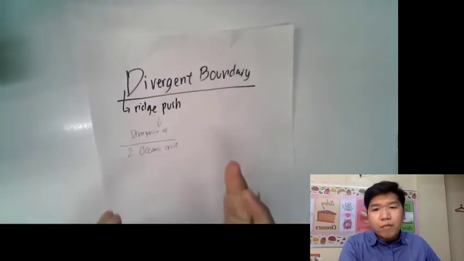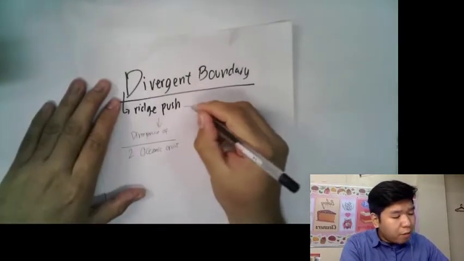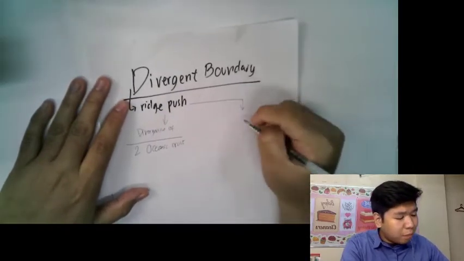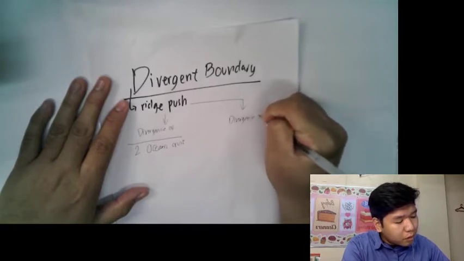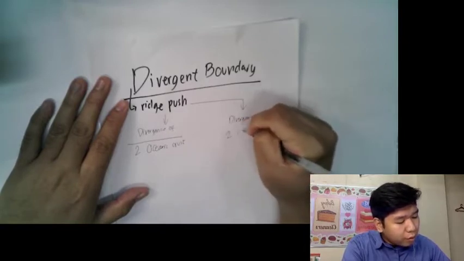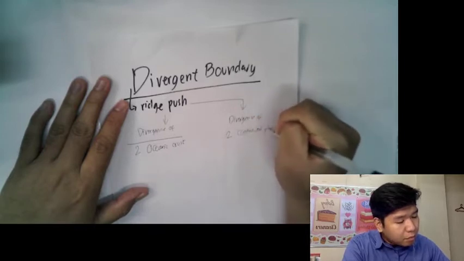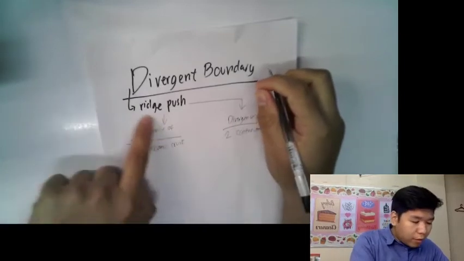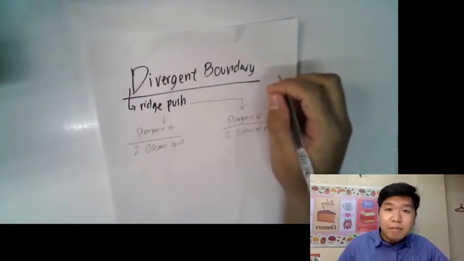And a very hard one to find an example of is the divergence of two continental plates. Okay? So, let's first dive into the divergence of two oceanic plates.